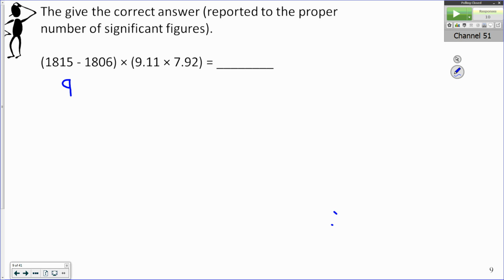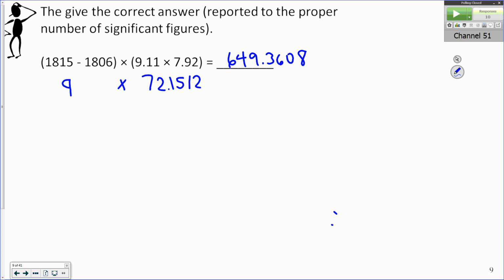Next thing is my multiplication. And I get 72.1512. So now I can multiply those together, and my calculator spits out 649.3608. And I think, wow, I've got some data here, because I've got seven significant figures.